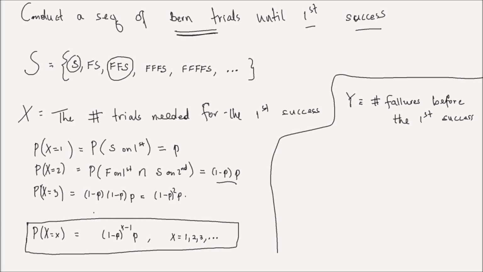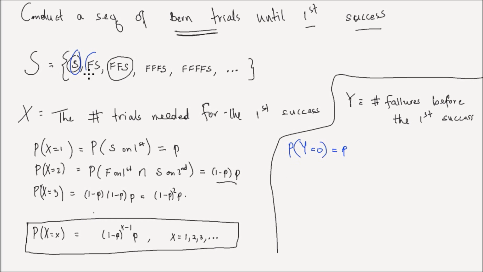If you look at the first element in the sample space, S, there are no failures observed before that success. Therefore, the corresponding value of Y for that event in the sample space is 0, because there are no failures observed before that success. Therefore, the probability of Y equals 0 is the same as the probability of X equals 1, which is P.